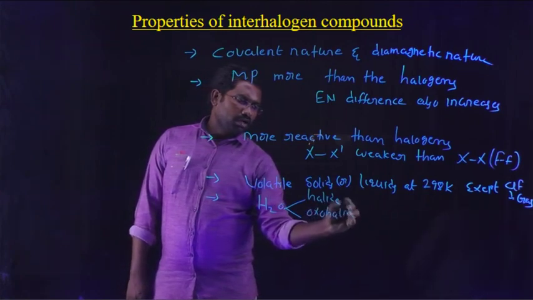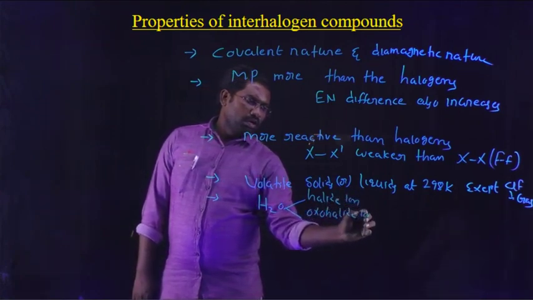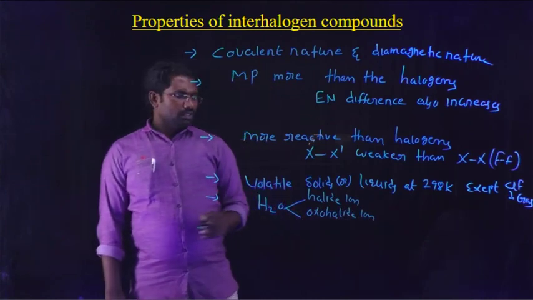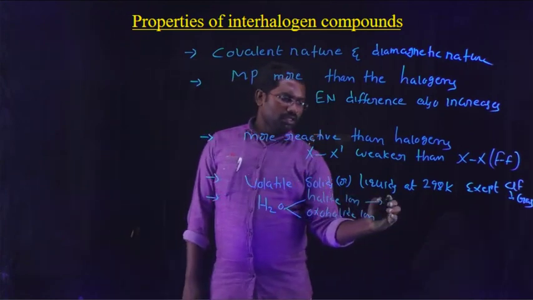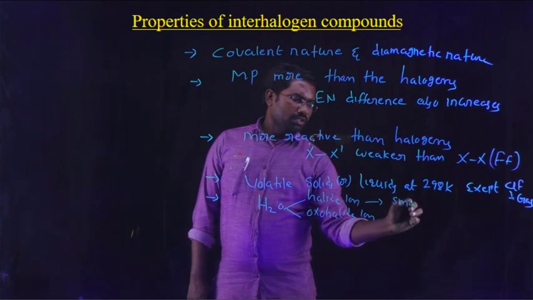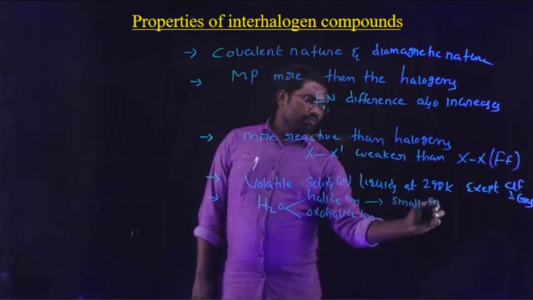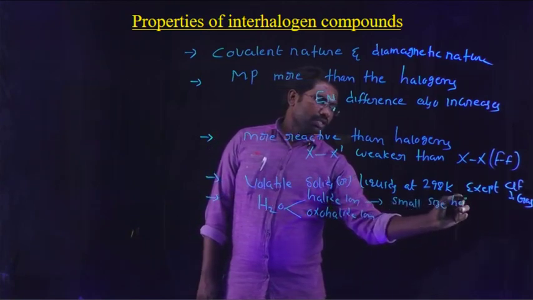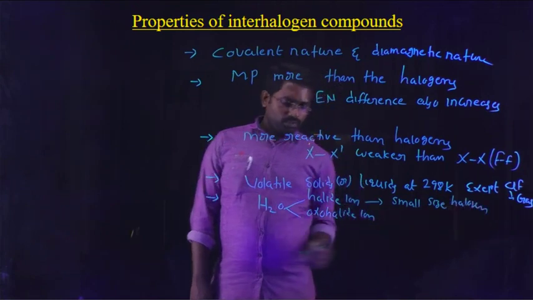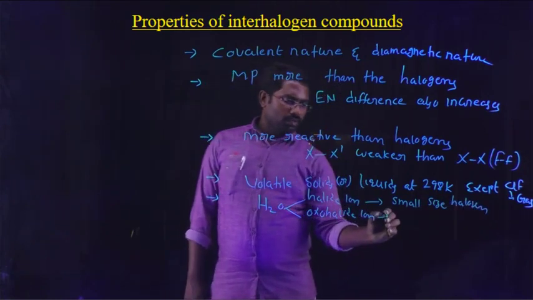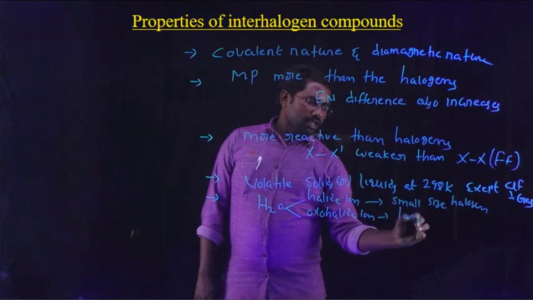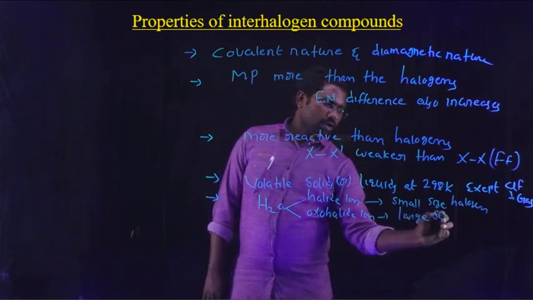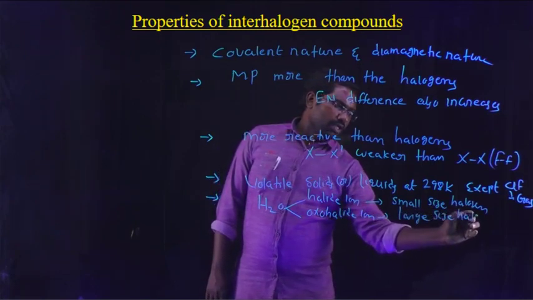The halide ion is formed by the small size halogen. The oxohalide ion is formed by the large size halogen.